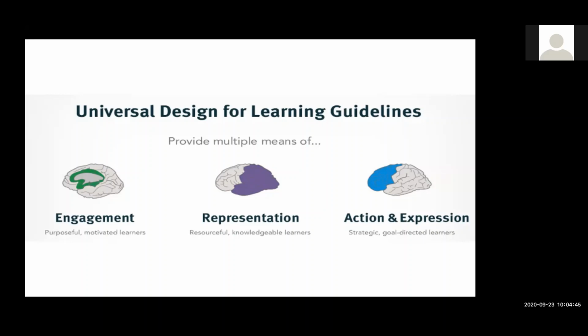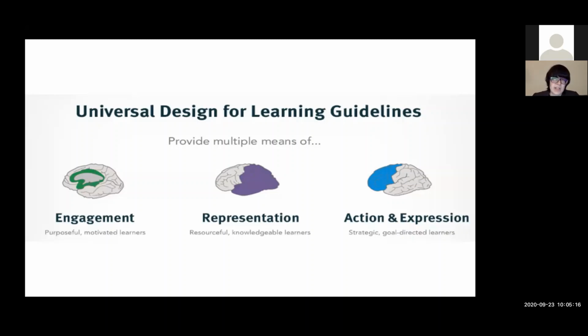Multiple means of engagement means that you offer variable levels, content types, and tools to appropriately challenge all learners, and, more importantly, also enthusiastically capture their interest, in a way that is real and comes from their own interest, as opposed to merely being based on the fact that a teacher is telling them that that's something that they need to learn. And so you're developing purposeful, motivated learners.